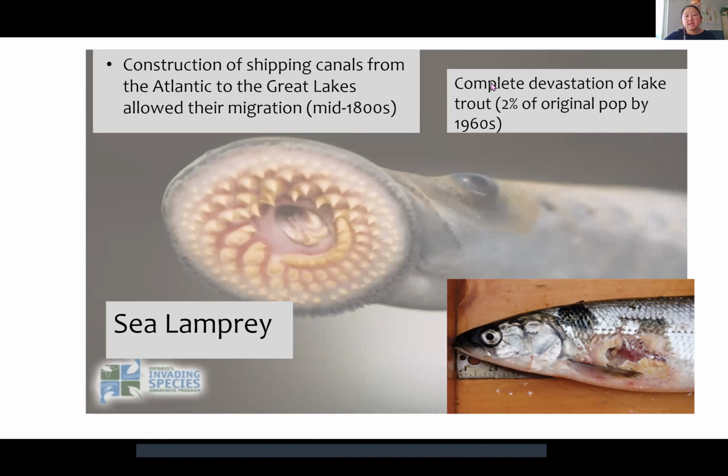In the Great Lakes, they are currently devastating the trout population. Only 2% of the Great Lakes trout population still exists in there. So you can see how the sea lamprey has affected the fish.